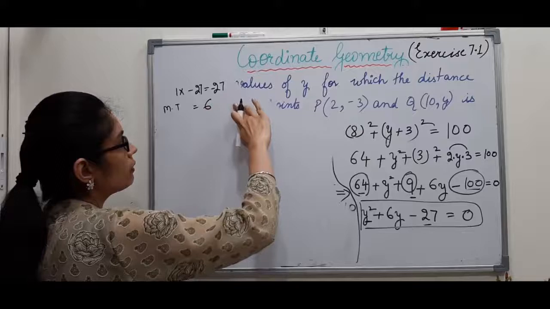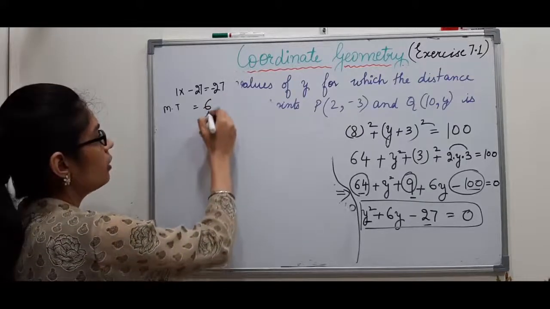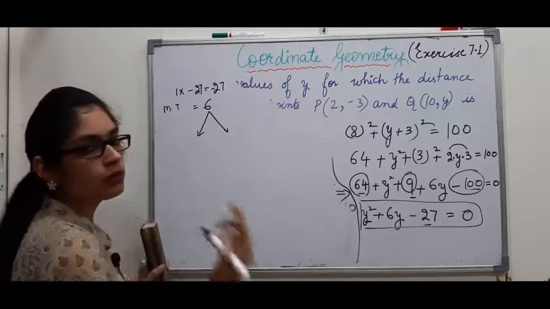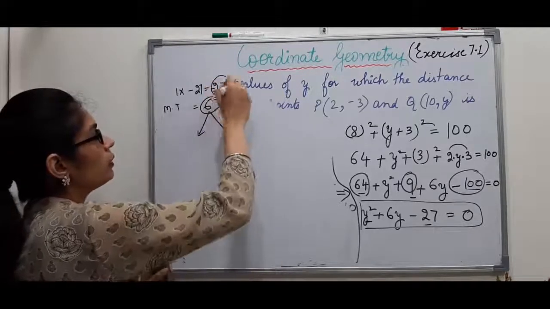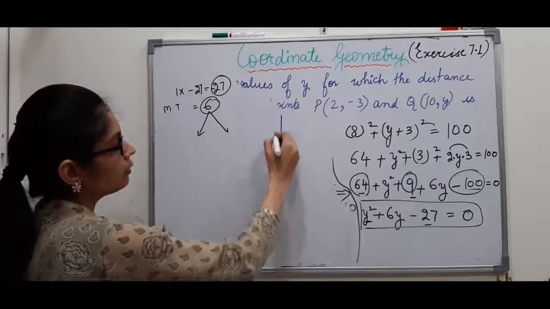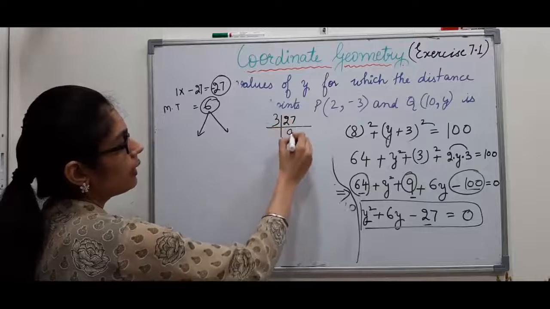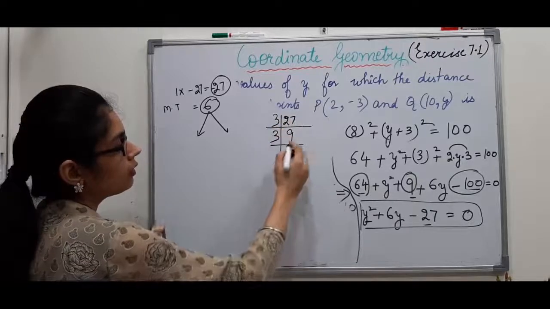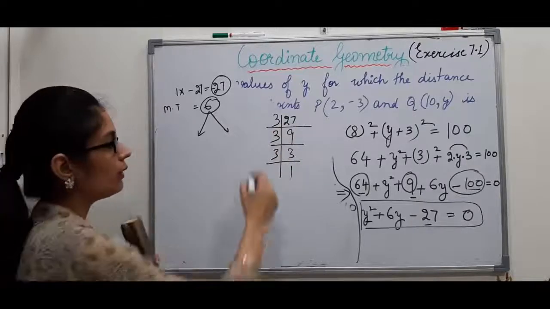You have to make factors of this term in such a way that the addition or subtraction of those two numbers is equal to this and their product is equal to this. So let's make the factors of 27. 3 into 9 is 27, 3 into 3 is 9, 3 into 1. So these are the factors of 27.